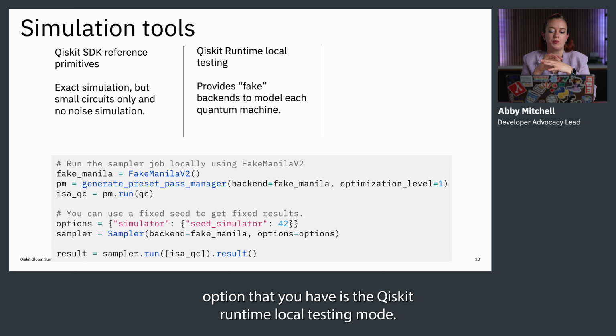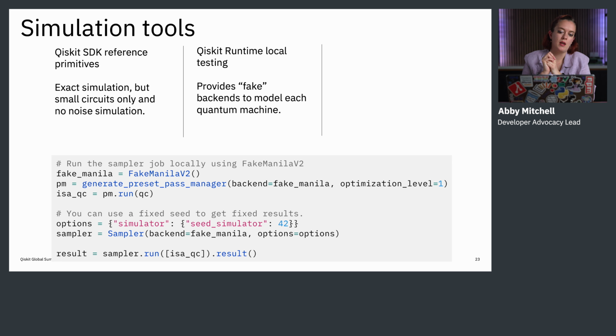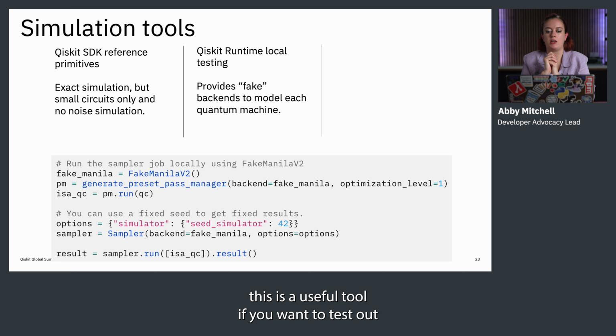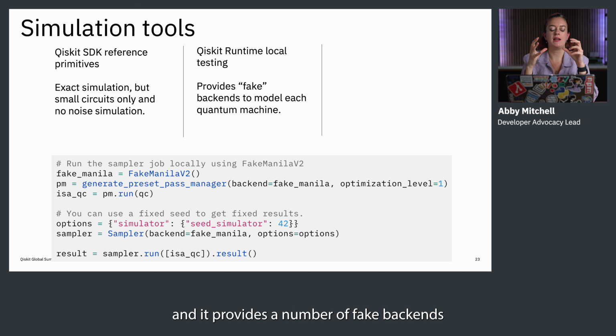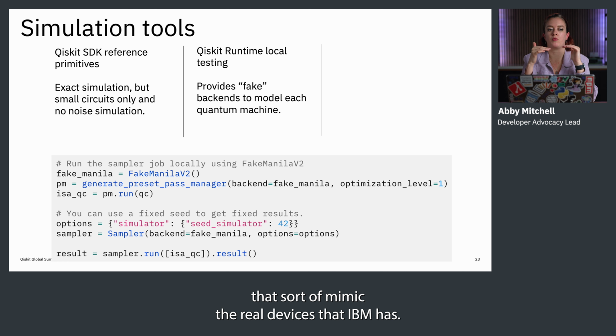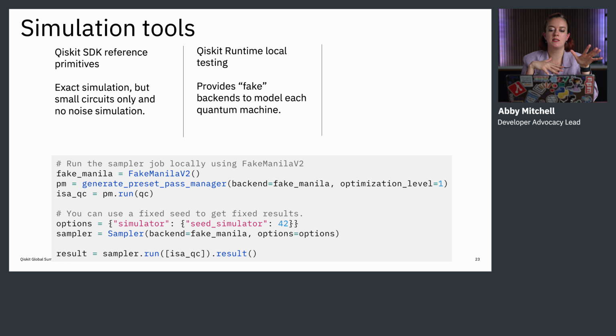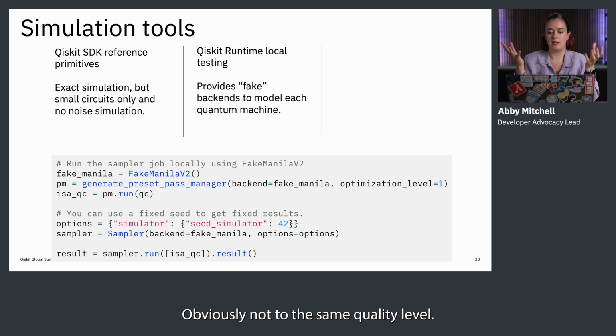The next option that you have is the Qiskit runtime local testing mode. This is a useful tool if you want to test out how to interact with the runtime cloud service. And it provides a number of fake backends that mimic the real devices that IBM has, obviously not to the same quality level.